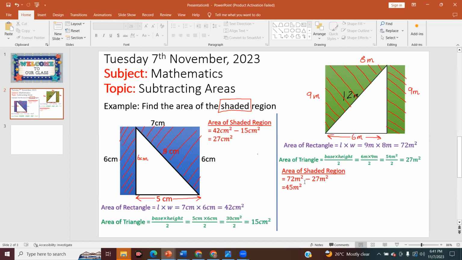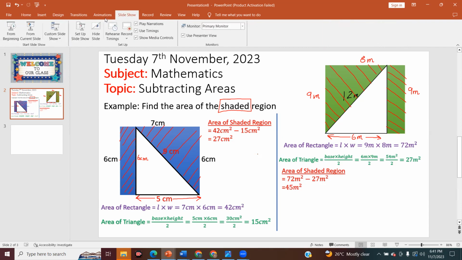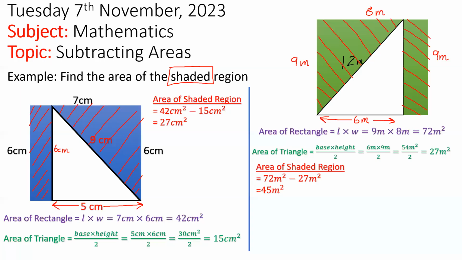For the answer for the area of the shaded region, how do we get 45 meters squared? Start from the area of the rectangle and then the area of the triangle and then the area of the shaded region.